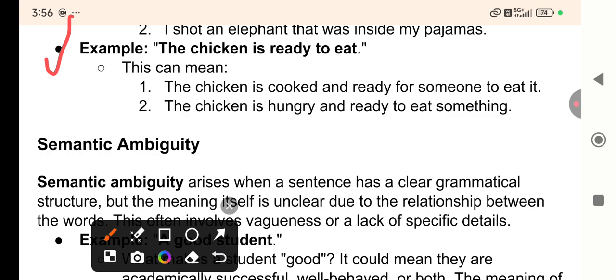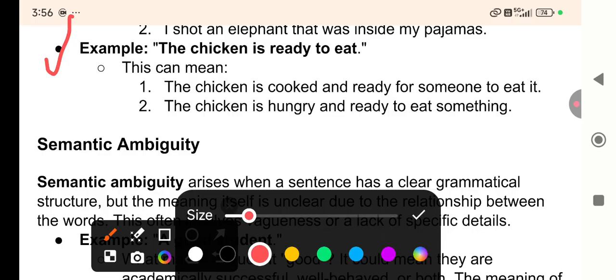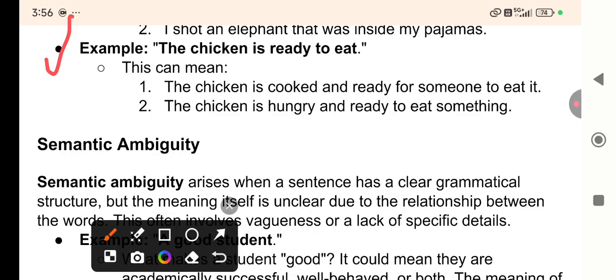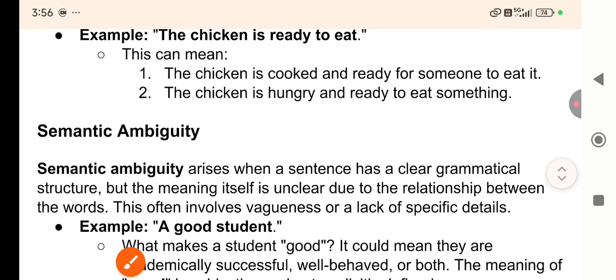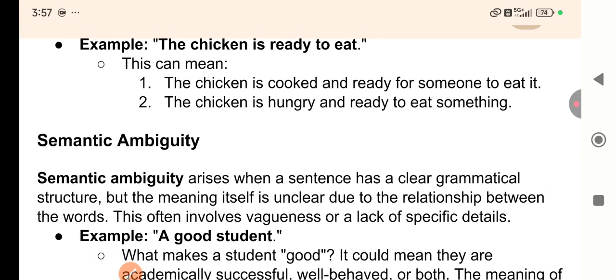The chicken is cooked in the kitchen and ready for someone to eat it. When your mother says the chicken is ready to eat, it means the chicken is cooked and you can eat anytime.